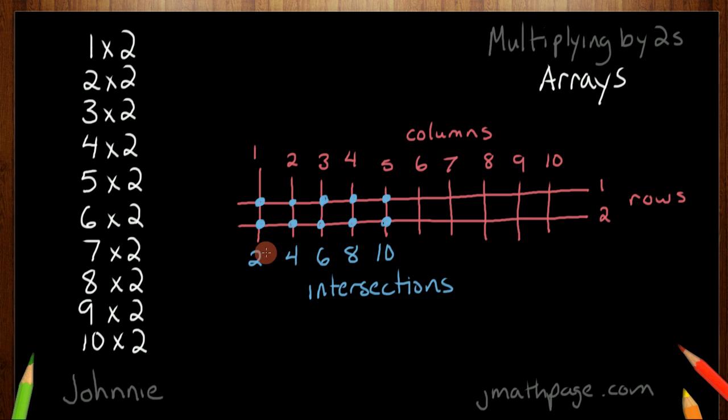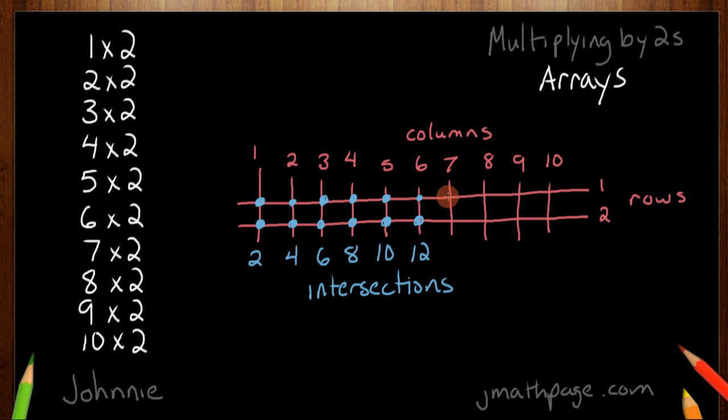Let's continue. 6 columns and 2 rows. 1, 2, 3, 4, 5, 6, and 2 rows will give us 10 and 11 and 12. So I'm counting on now. Let's continue. 7 columns and 2 rows.